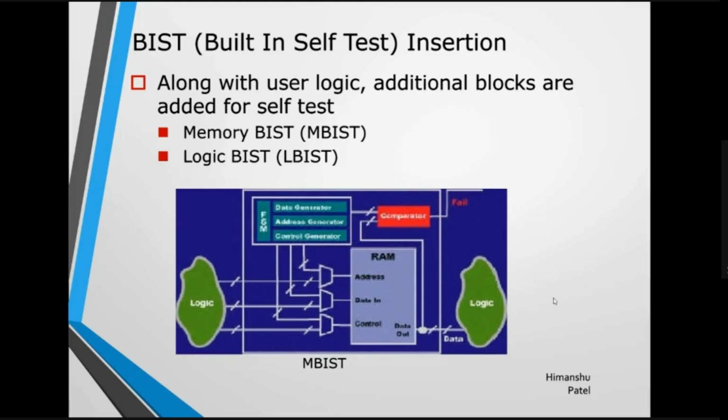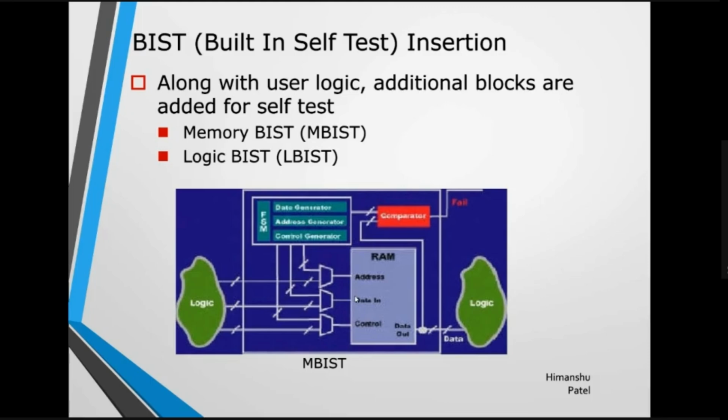To test that, you need a separate mechanism, something like this. The image is a little blurred, but still visible. You see a RAM which has the address port, data in port, control, and data out.